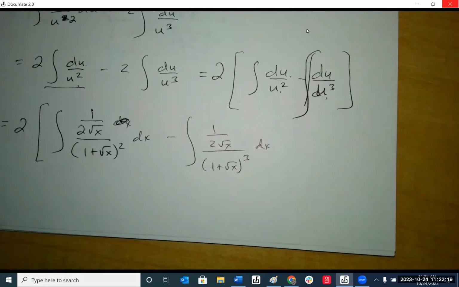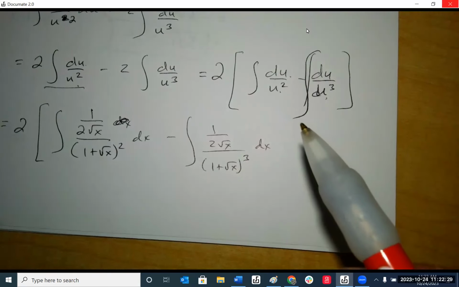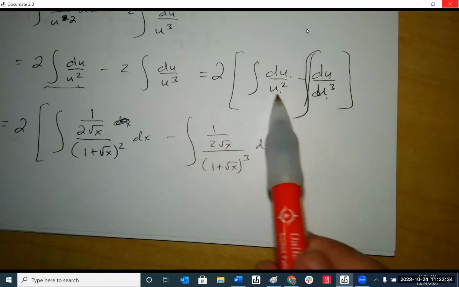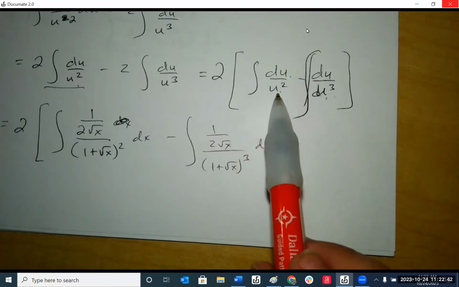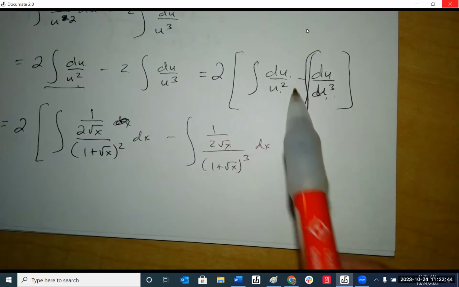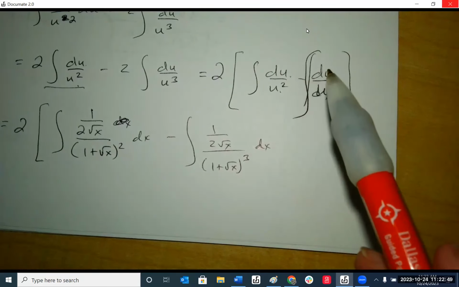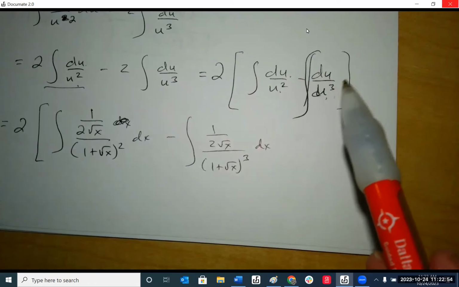Okay, so I can't use that method. I have this correct. Two u.